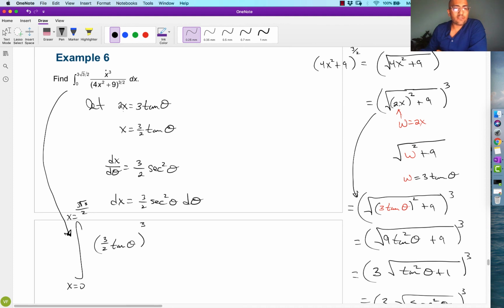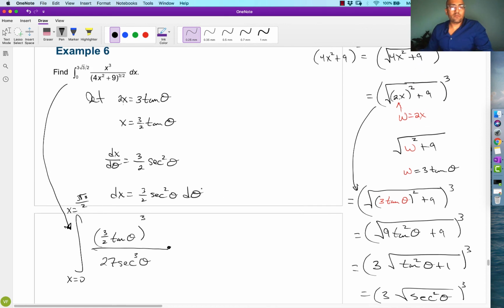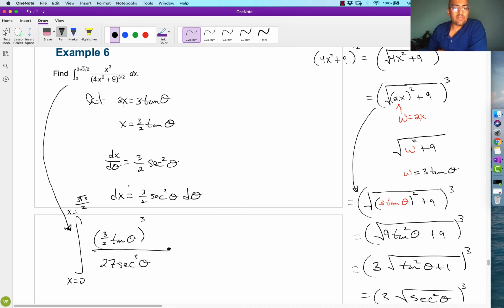That's this x going right in there, being cubed, divided by, and now this whole denominator, well, we did a lot of work over here to get it to be 27 secant cubed theta times, so we have that, and now the dx is this part, which will be equal to 3 over 2 secant squared theta d theta.